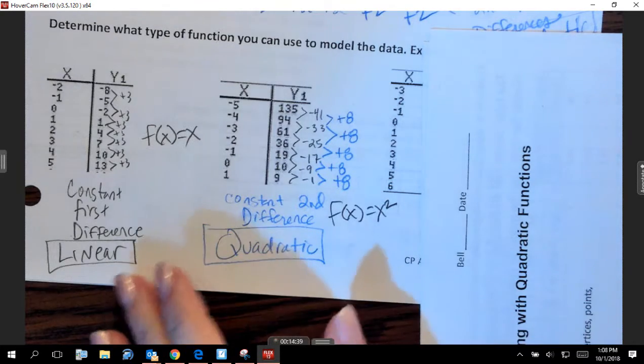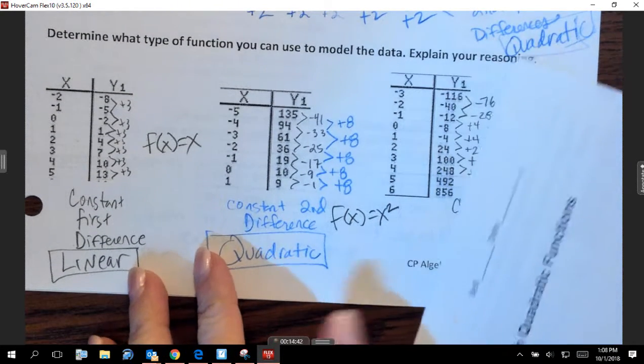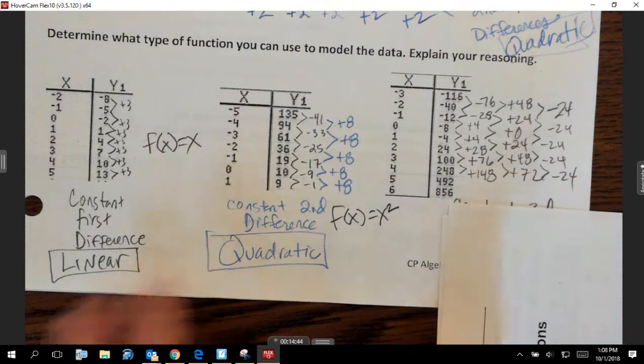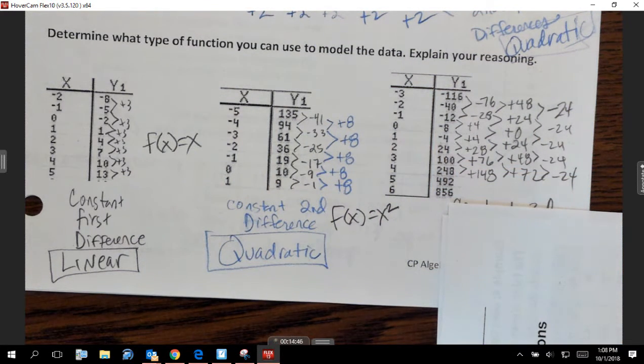What happens when you do 3 differences before they're constant? What do you think that's called? Or what do you think x to the what? It is x to the third. Does everybody know what x to the third is called? It has something to do with cubes.